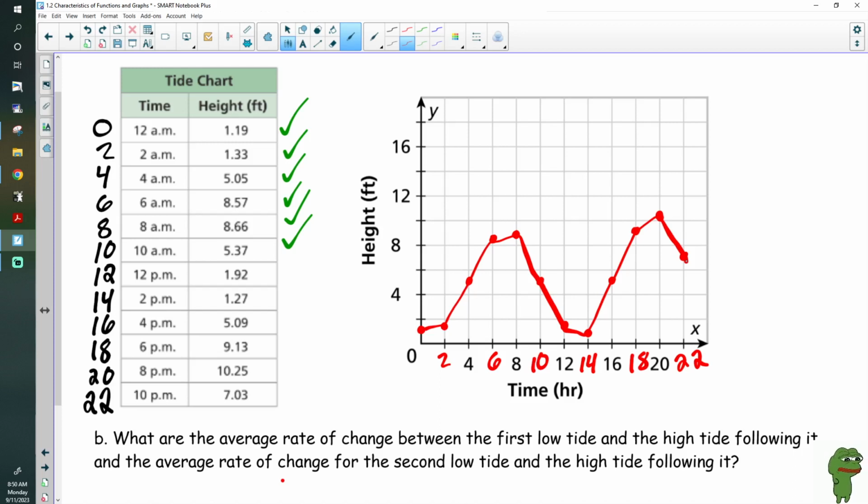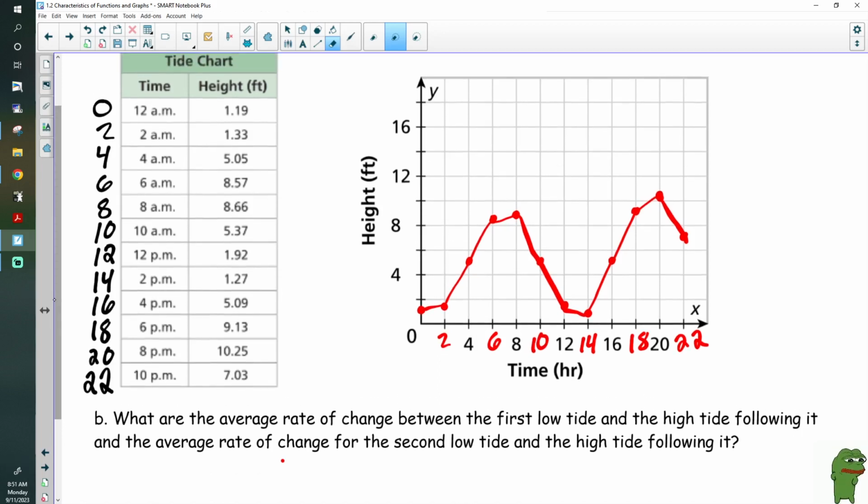Now we are going to use this in our table to help us find the average rate of change. Again, what that means is we're going to see about what's the average amount of water that's either coming in or going out. So B asks us, what are the average rate of changes between the first low tide and the first high tide, and then for the second low tide and high tide.